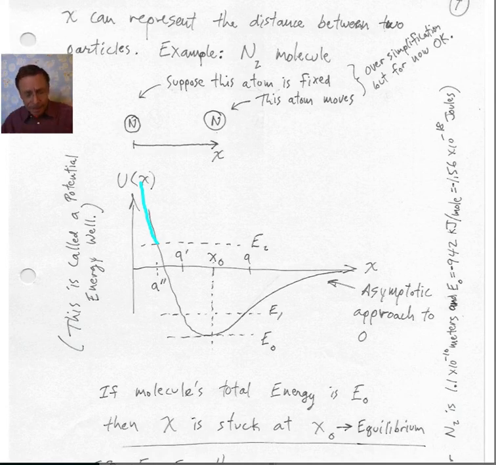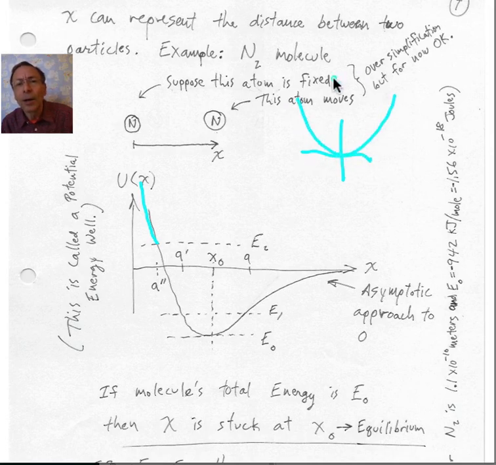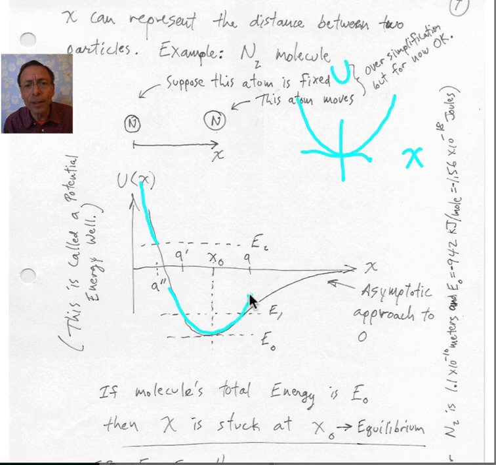The only thing is that the springs that we're used to have a parabolic U versus X curve, whereas the molecules don't. There's something that sort of looks a bit parabolic here.